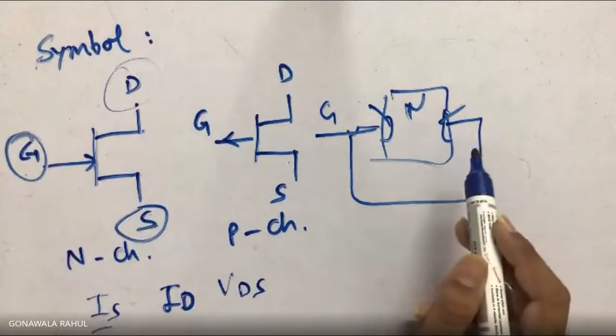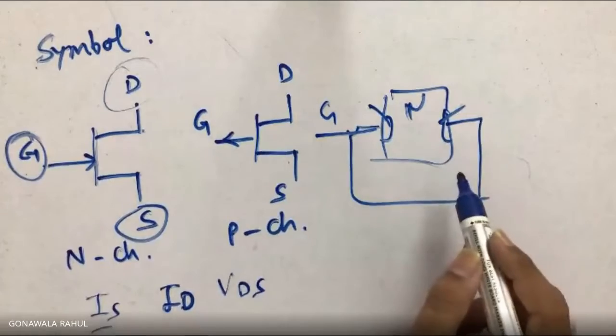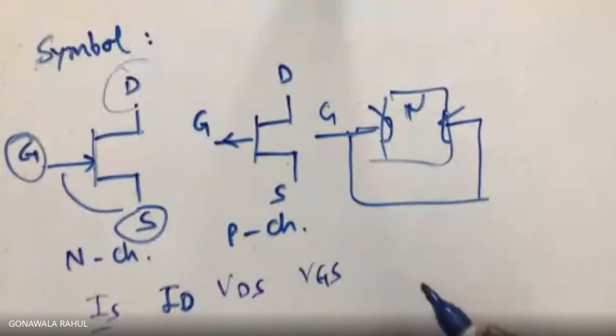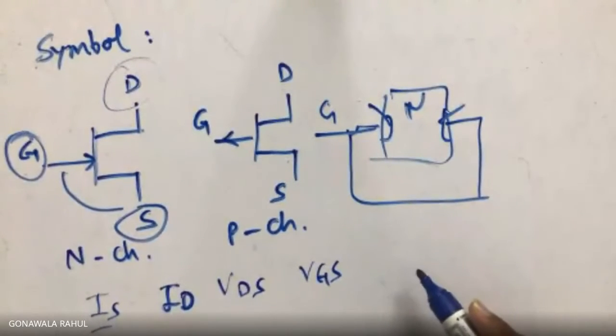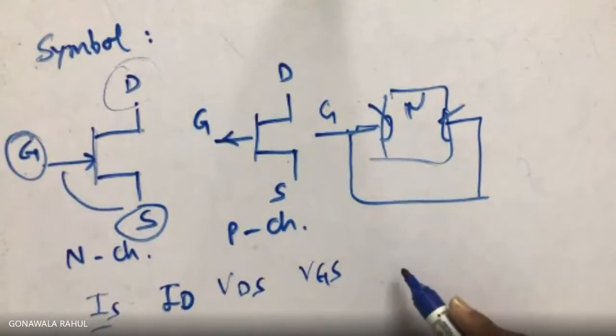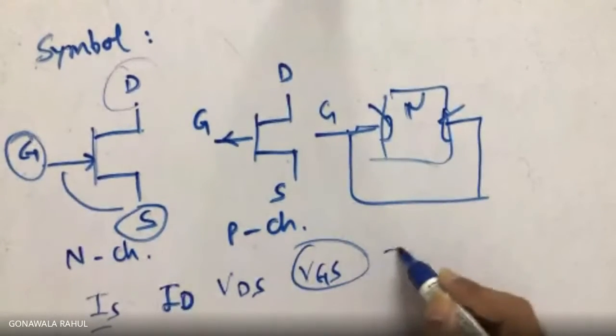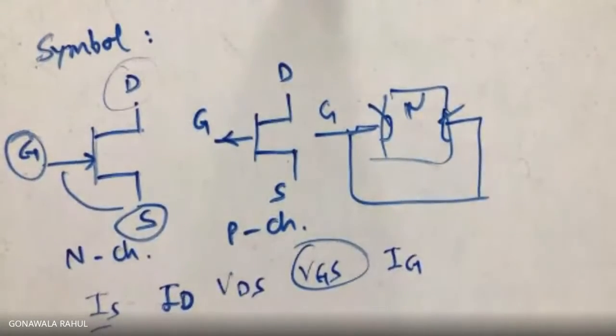A voltage VGS is applied between the gate and source in the direction to reverse bias the PN junction. The current at gate is IG.